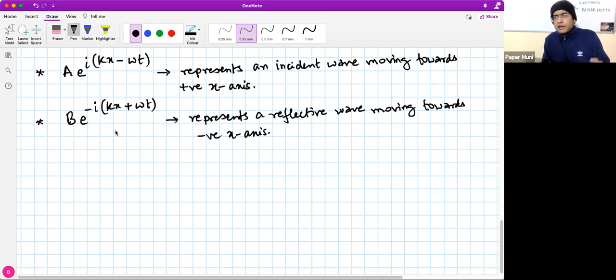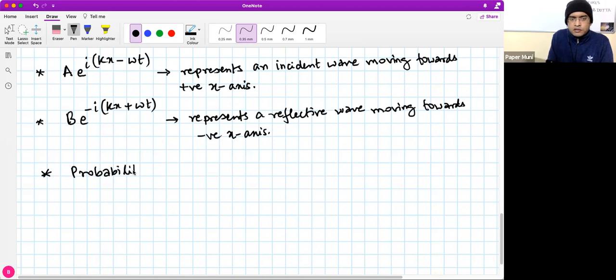That gives us a measure of the number of particles in the beam. For measuring the flux of the beam, we define a quantity called probability current density.